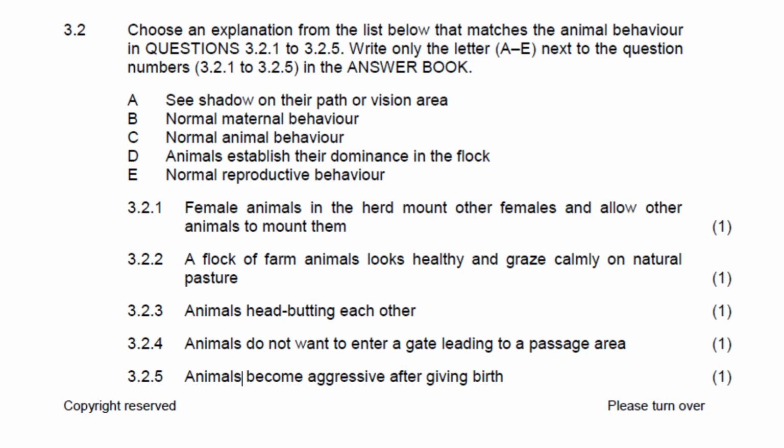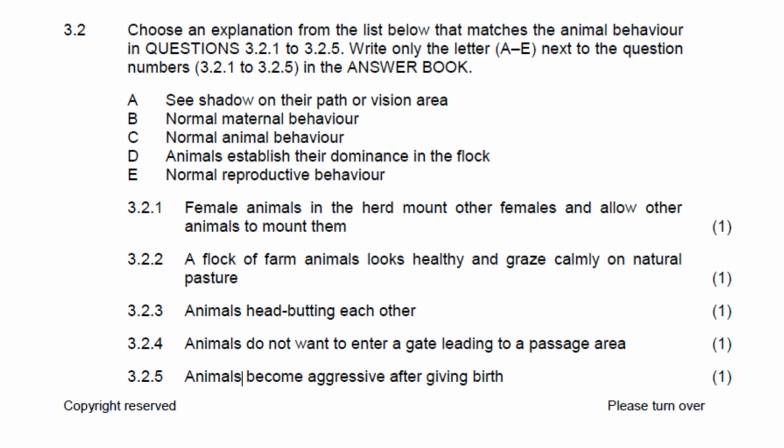So if animals become aggressive after giving birth, obviously there you have a hint which is giving birth. Then that tells you that it has to do with maternal issues. Now the option that you have there under B is normal maternal behavior. So that one is out.